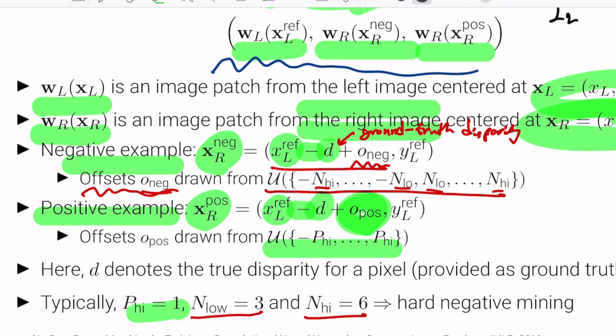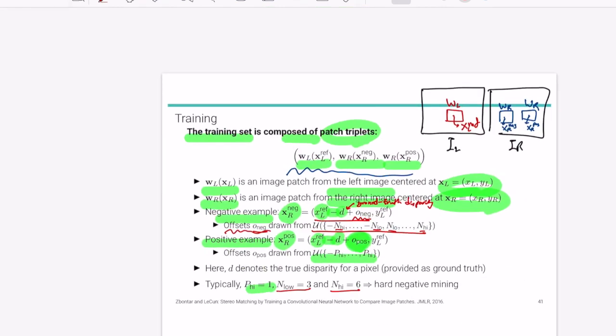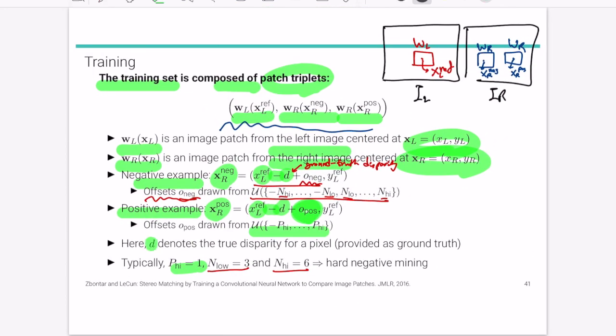So it's going to be just like negative 1, 0, 1. This is the positive sample. Here d denotes the true disparity for the pixel provided in the ground truth data. So usually we set n low as 3 and n high as 6.